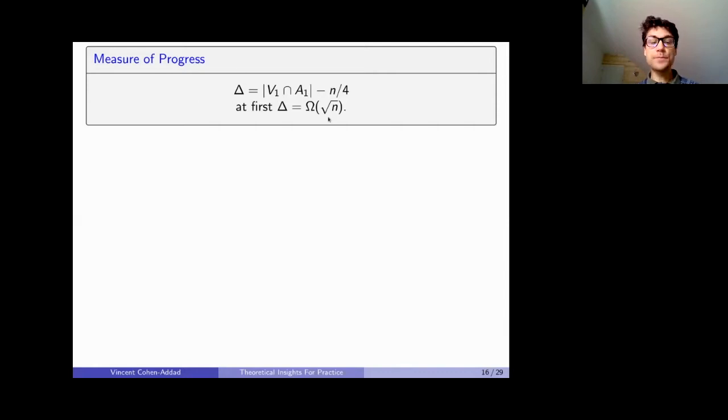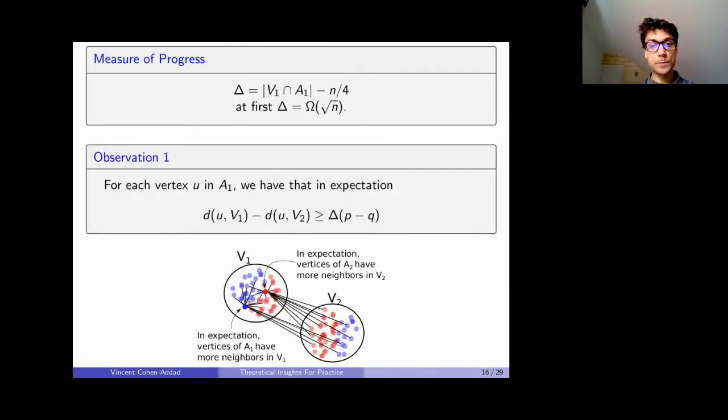So 50% is like n over 4. So we just count how much we have. And at first, as I said, it's like square root. And now we want to increase delta. We want to make sure that delta is going to increase as much as possible, and when delta is like n over 4, then we have classified everyone correctly, so we're happy. So the goal for us is to increase delta.